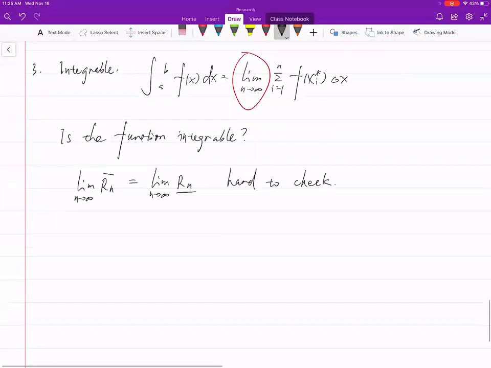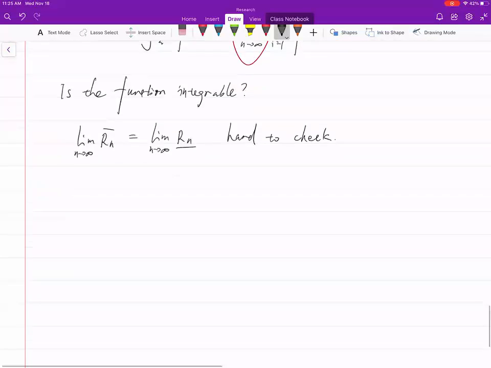Now, of course, we're asking: is there a shortcut? Or, if it's hard to check, has anybody checked it for us? Is everything okay? Are polynomials okay? Is sine okay? Is every function we cared about before okay? Because it's the same with derivatives, right? We don't care about other functions for now. We just care about the simple ones.